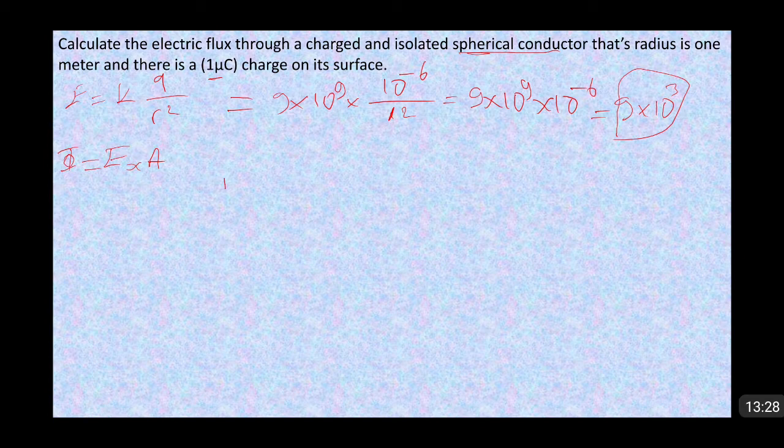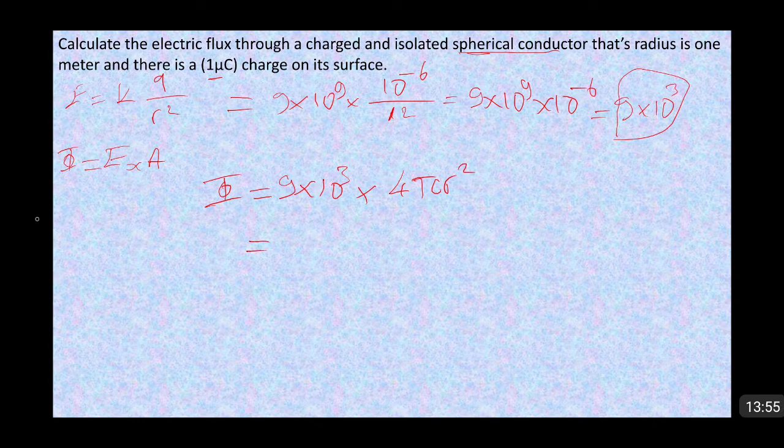Our equation: electric flux equals 9 multiplied by 10 power 3 multiplied by the area. For the area of the spherical conductor we can use 4 multiplied by pi multiplied by r square.